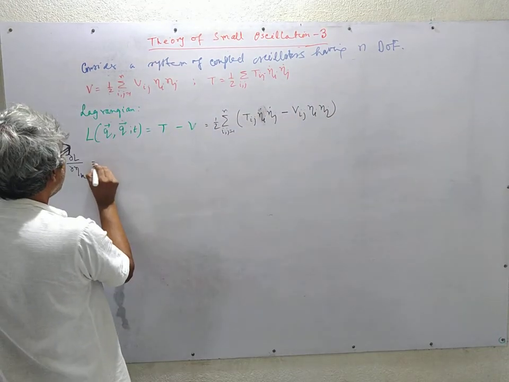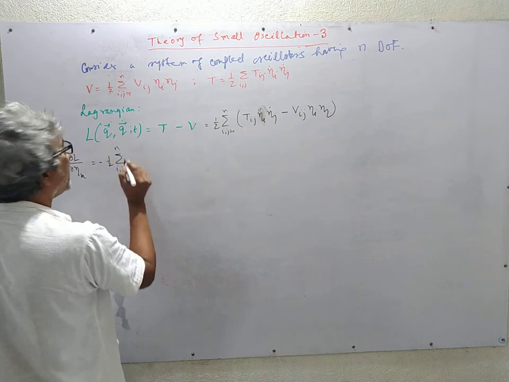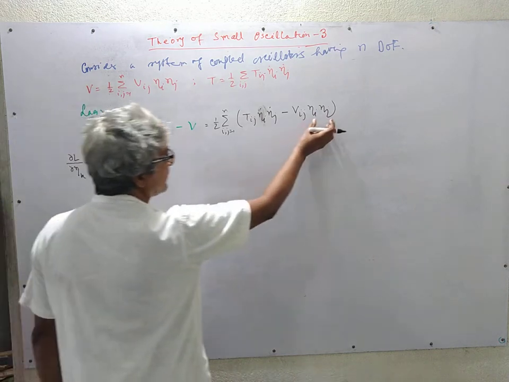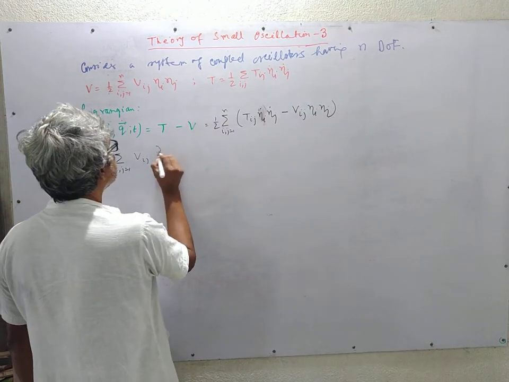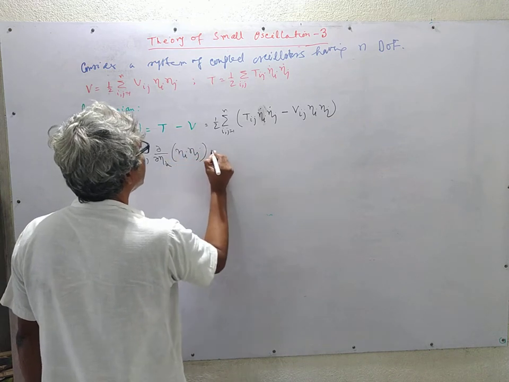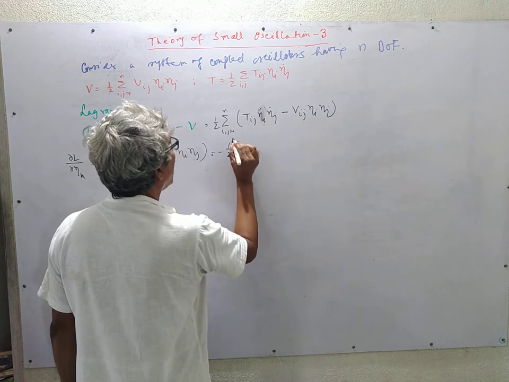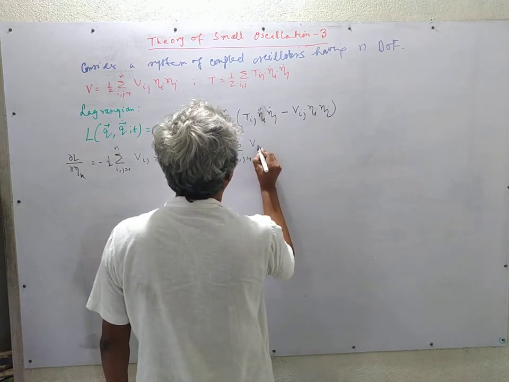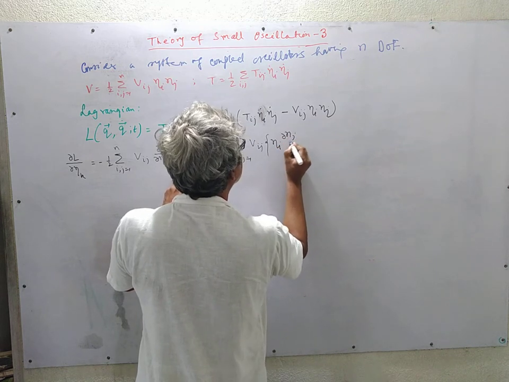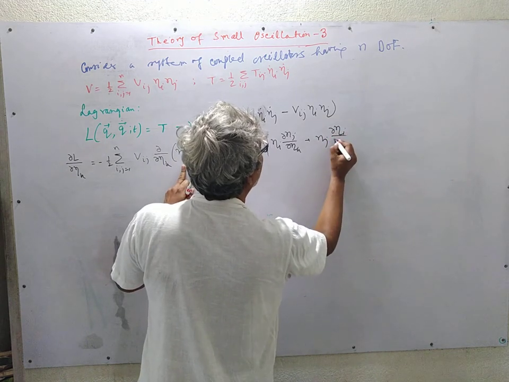So we have minus half summation over i, j equal to 1 to n, V_ij, then the differentiation is over this, so this is del eta k operating on eta i eta j. So this is minus half summation over i, j equal to 1 to n, V_ij, then we have eta i del eta j del eta k plus eta j del eta i del eta k.